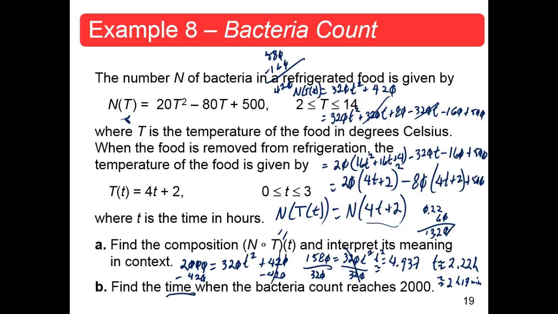This isn't good for t equals 0. That's taken out of the freezer. This is out of the fridge. This only works for t equals 2 to 14. This is only good for 0 to 3 hours. After that, it's probably going to be a far bigger increase, or maybe a smaller increase.